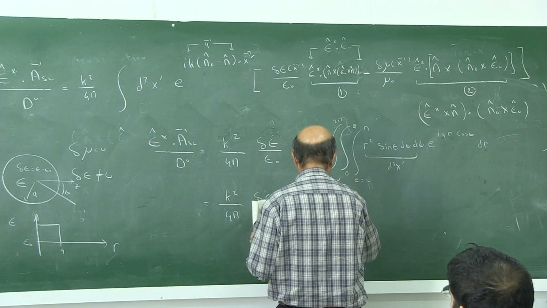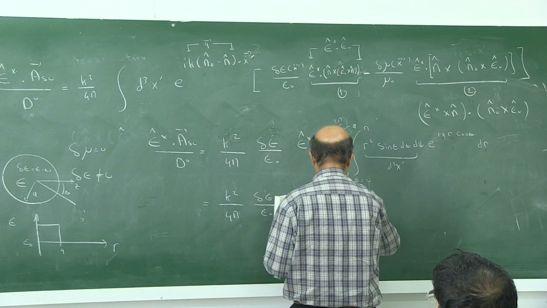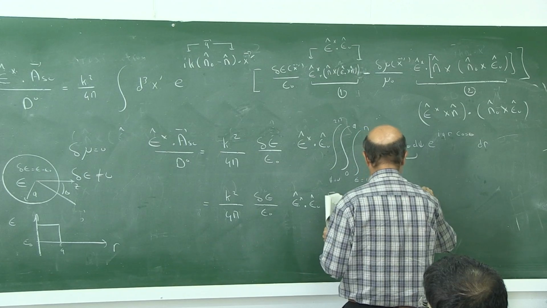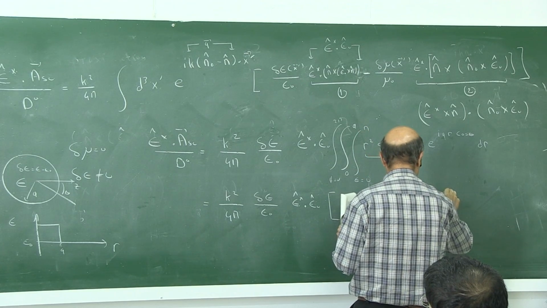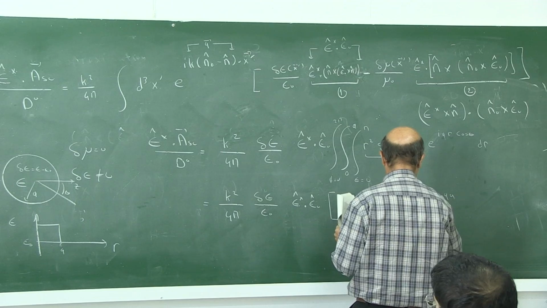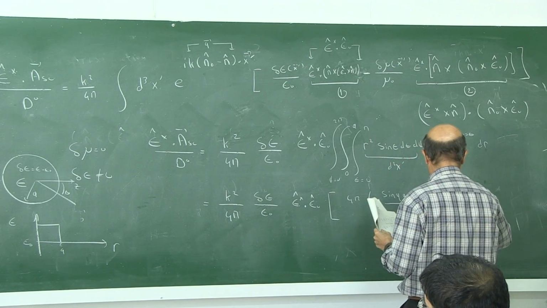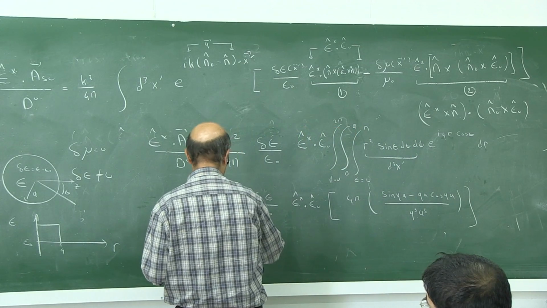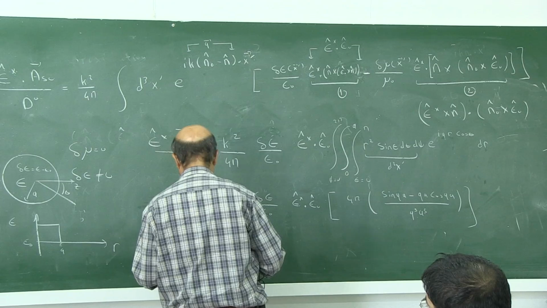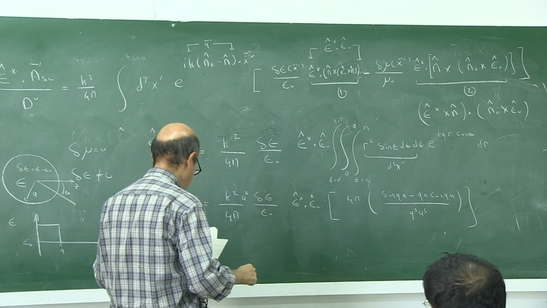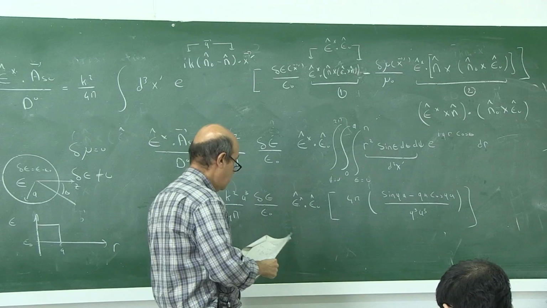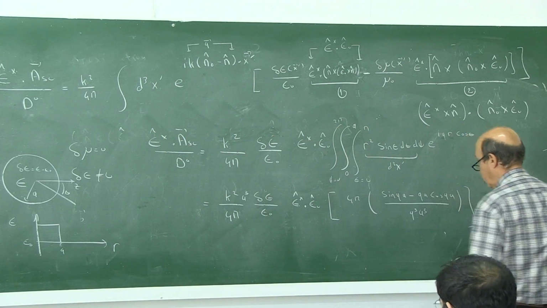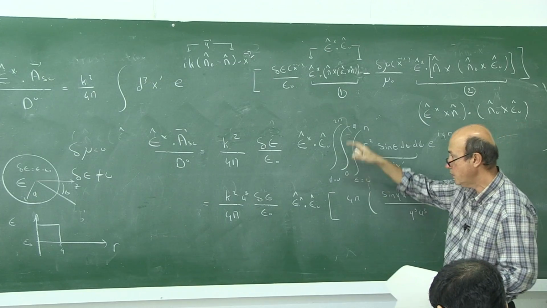And the integral will be the following. 4 pi, sine qa minus qa cosine qa over q cube, multiplied by a cube divided by a cube, and so this is in terms of q times a, because our integral goes to the surface of the sphere.